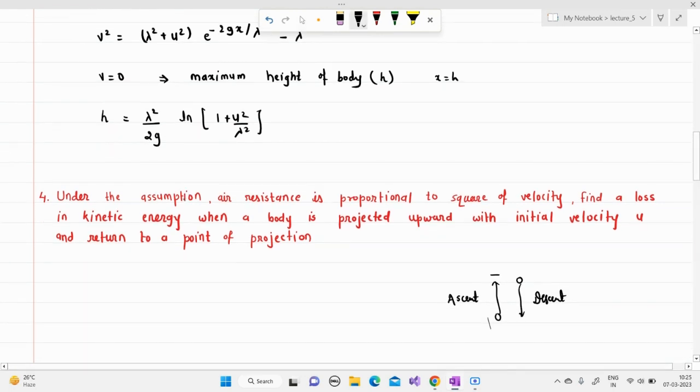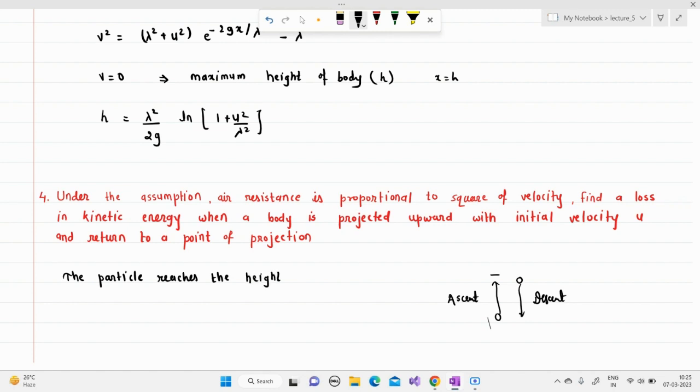Okay, so let me write the particle reaches the height h is equal to lambda square by 2g ln 1 plus u square by lambda square.